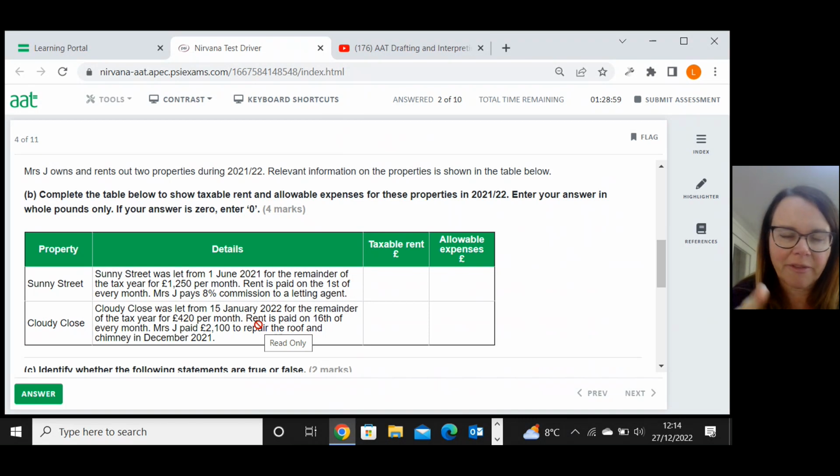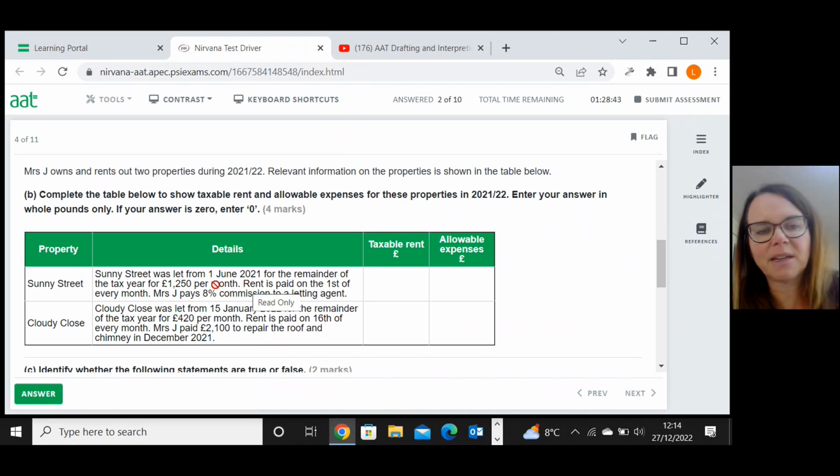I always count on my fingers, just to make sure I definitely get it right. So we've got 1st of June, July, August, September, October, November, December, January, February, March, April. So it's actually 11 months, which makes sense because only the 1st of May is excluded in effect.